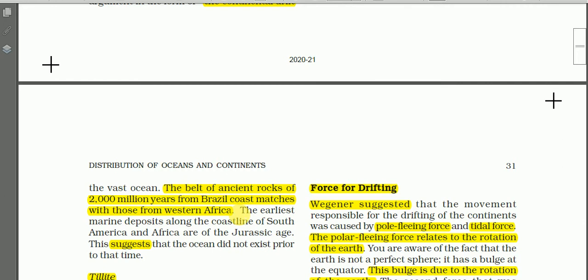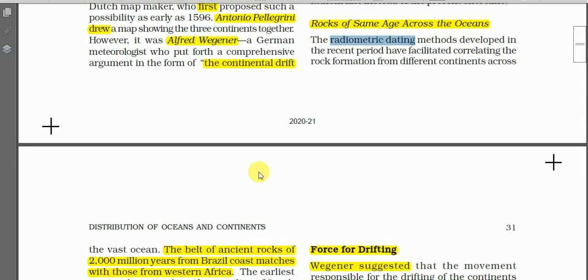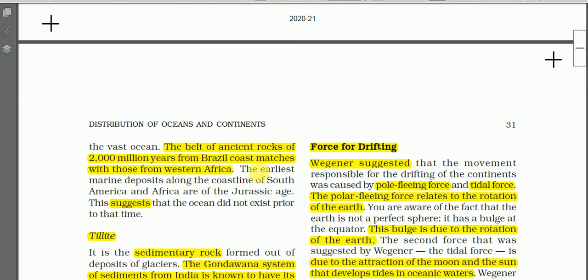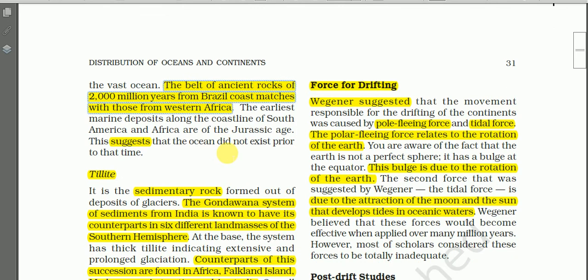Radiometric dating was very useful to determine the ages of rocks. The belt of ancient rocks of 2000 million years from the Brazil coast matches with those from Western Africa.